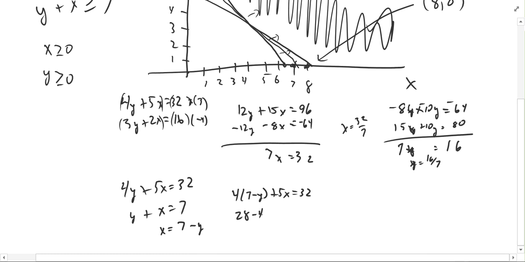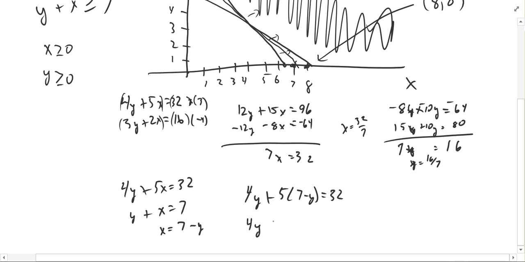and 28 minus 4y plus 5. Whoops, I need to replace that in place of the x, not the y. Let's try that again. 4y plus 5 times 7 minus y is equal to 32.